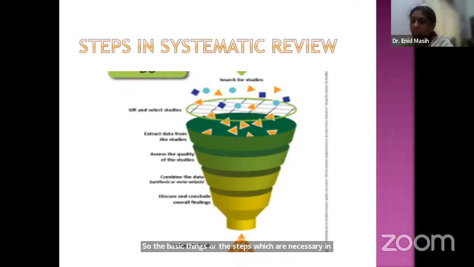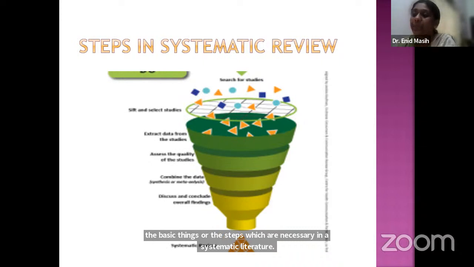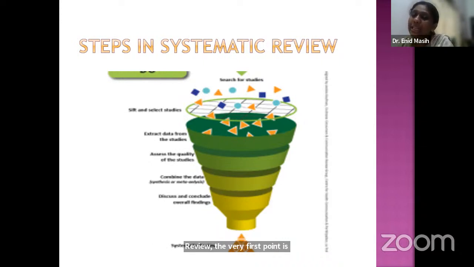So the steps which are necessary in a systematic literature review: the very first point is to check for existing reviews and protocol. I have discussed in the previous slide that a review is required here also. You can change the question and alter the questions: what the review has done well, and what has been developed in the area of research since then.